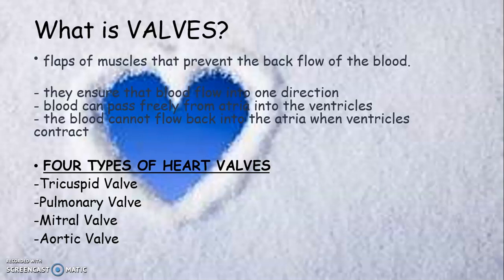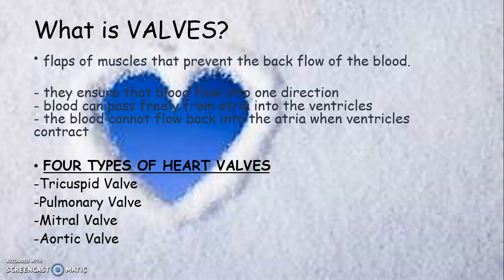So there are four types of heart valves: the tricuspid valve, pulmonary valve, mitral valve, and aortic valve. The tricuspid valve is located between the right atrium and the right ventricle.